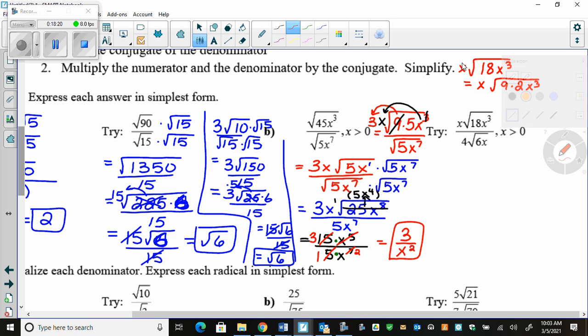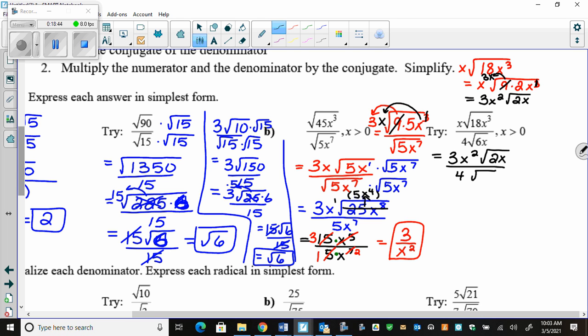So I take the 9 out, and it becomes a 3. I can take 2 of these x's out, so I'm left with 1, and I have an x up here. So this reduces to 3x squared root 2x. So first thing I'm going to have is 3x squared root 2x over 4 root 6x.